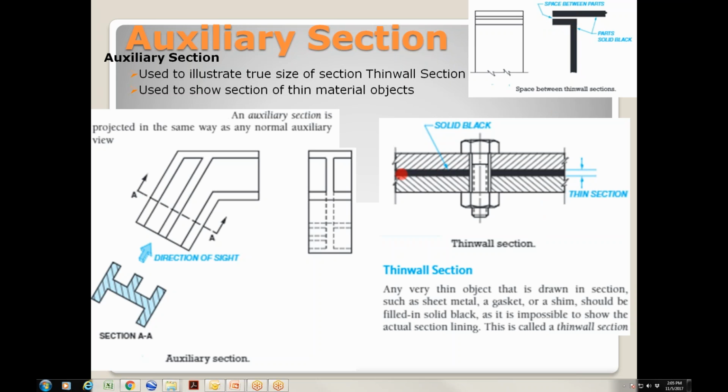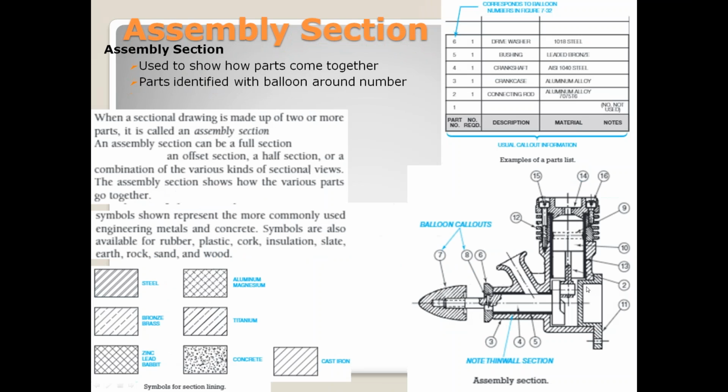So show solid black, that's the thin wall section, and any very thin object that is drawn in section, such as a gasket or shim, should be filled in solid black, as it is impossible to show the actual section lining. This is called the thin wall section.